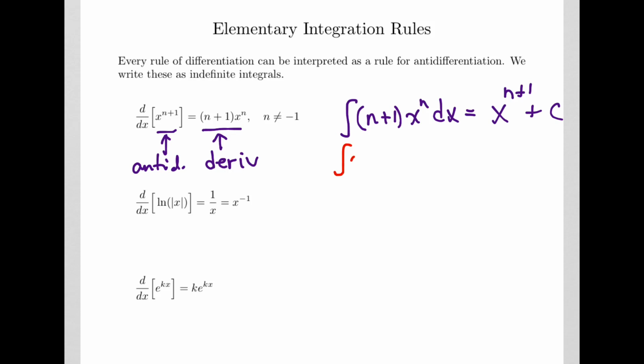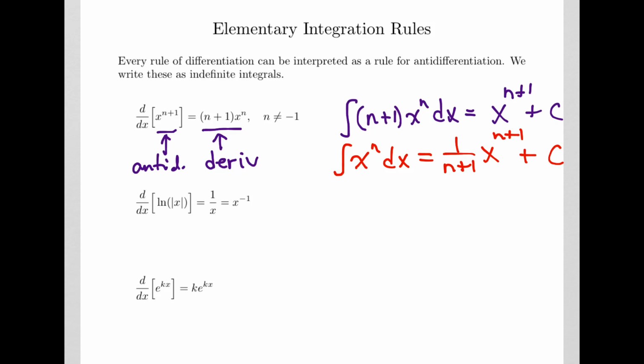If I integrate x to the n dx, I'll get 1 over n plus 1 times x raised to the power n plus 1, and every time we do an indefinite integral we're going to have to remember to add the integration constant.